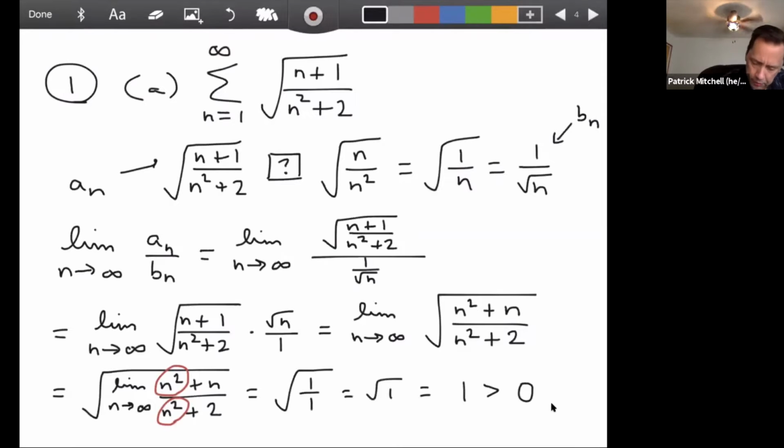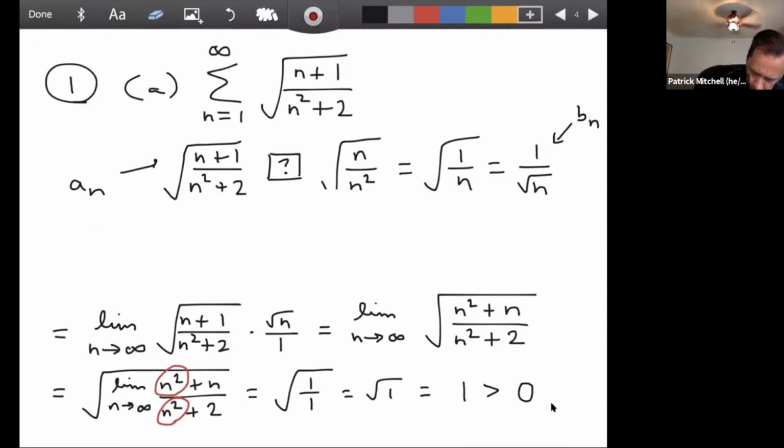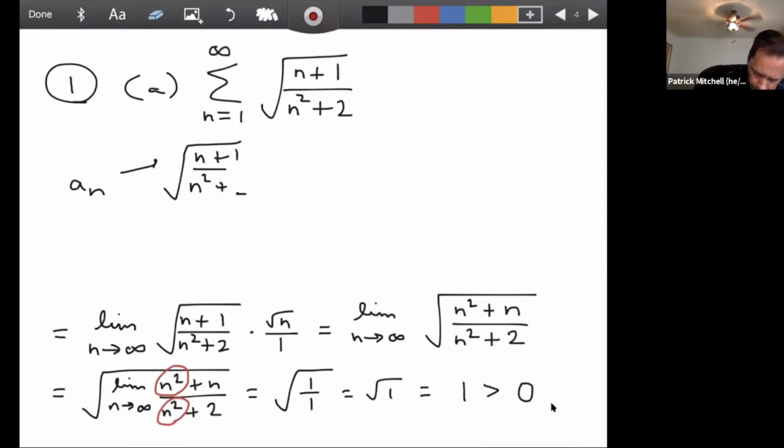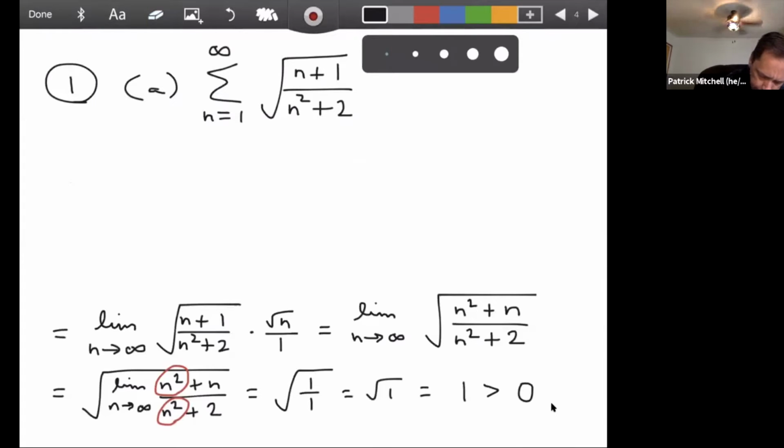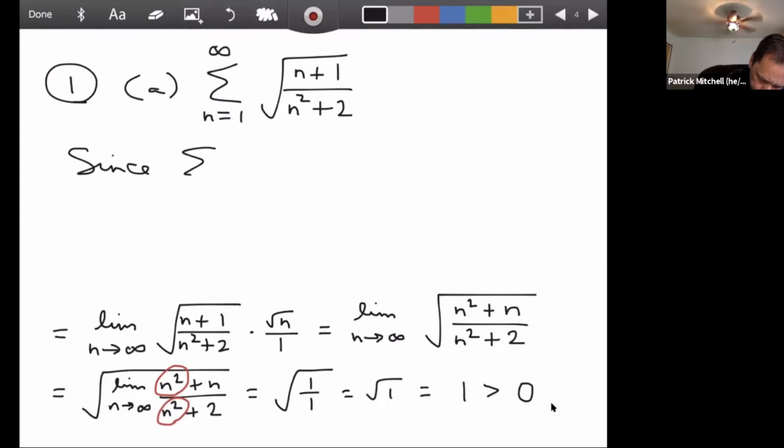All right, so we're almost done with this one. So let me just make a little bit of room up here. And then what do we know about the series n going from 1 to infinity of 1 over the square root of n? Well, I think we've encountered that series before in this very lecture, right?